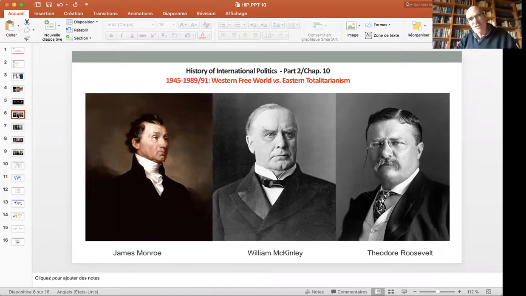And I would like to quote General Sherman, one of the two generals permitting the northern US states to win against the southern states during the American Civil War, the War of Secession. This is what he wrote in 1868. The more Indians we can kill this year, the less will have to be killed next year. The more I see Indians, the more I am convinced that they all have to be killed.